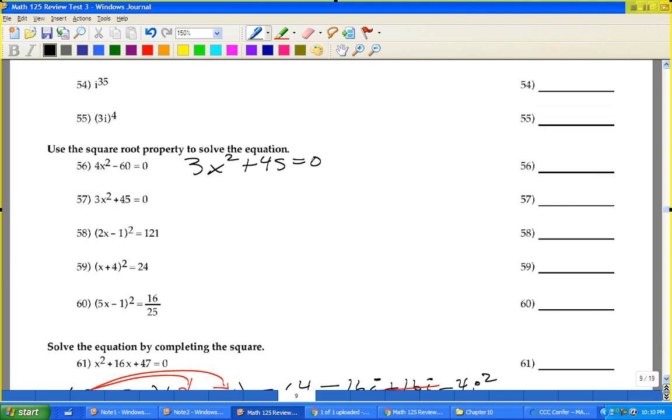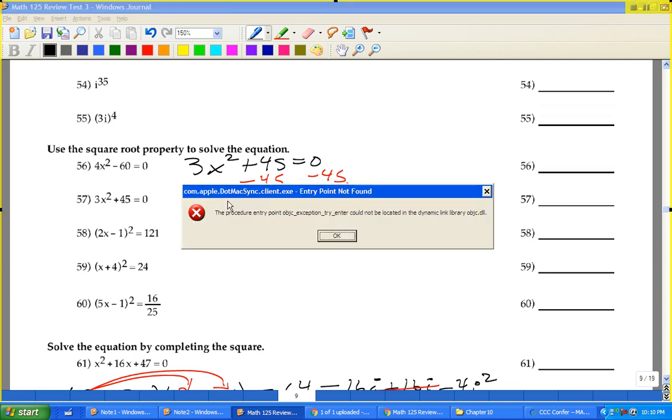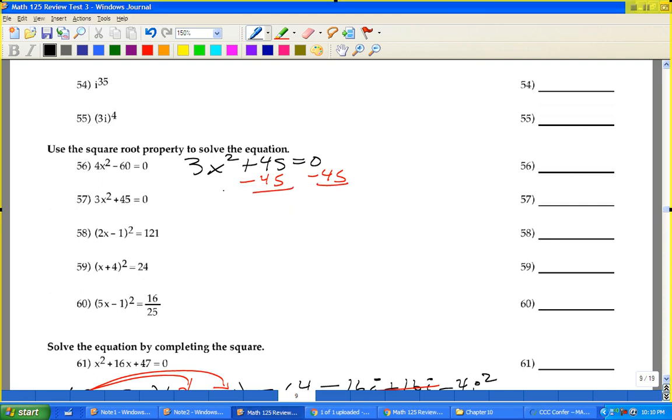Subtract 45 from both sides of your equation. So 3x squared equals negative 45. Divide both sides of your equation by 3.